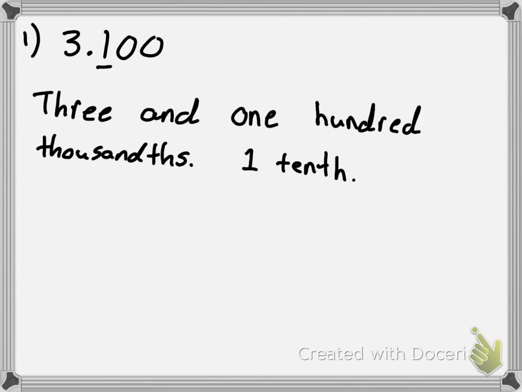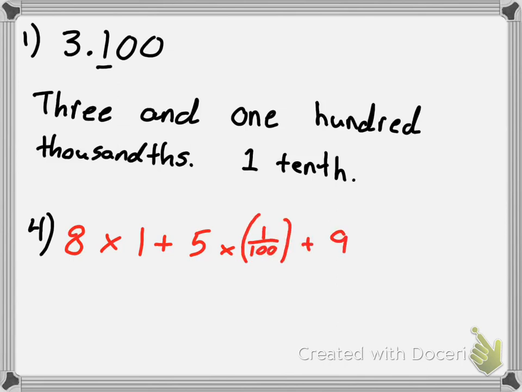Let's go down to the next section and do number 4. So number 4 says take the expanded number and write it in standard form. So write it with just regular numbers, not multiplication and adding in it. I know this looks a little bit intimidating, but it's going to be pretty easy. So we're going to divide this up into sections.